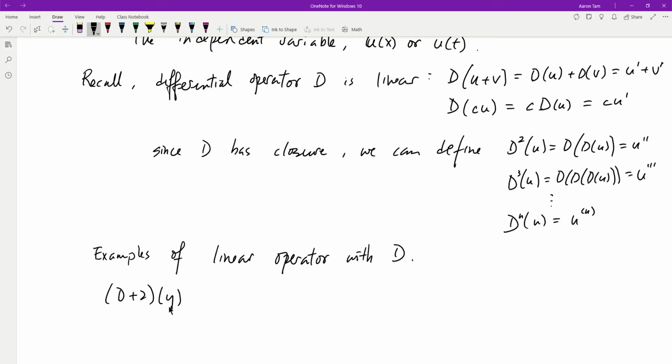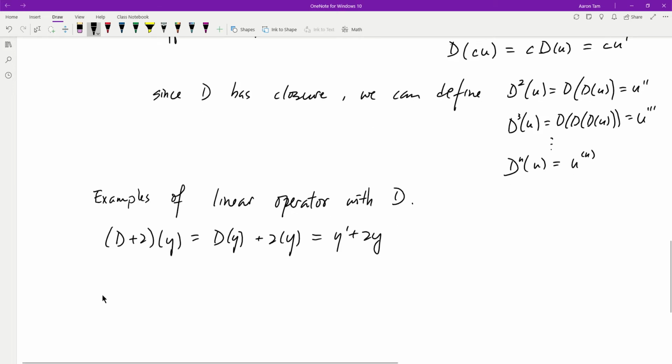So, it's pretty simple. I can define a differential operator d plus 2 of y. And basically what that means is d of y plus 2 times y, and therefore just becomes y prime plus 2y. So y prime plus 2y can be written as d plus 2 of y. All right.